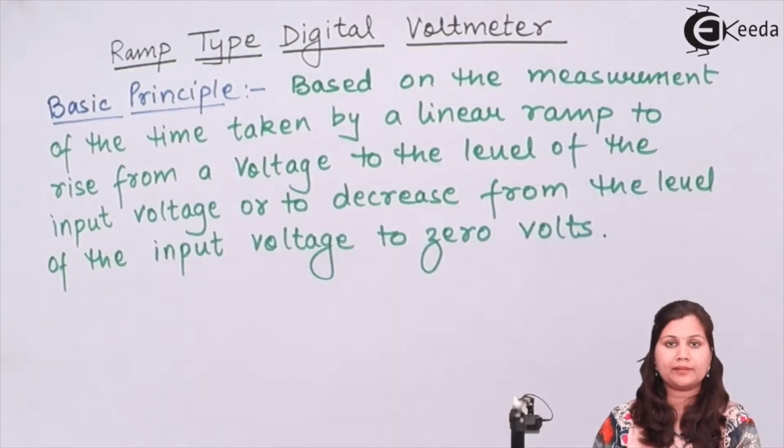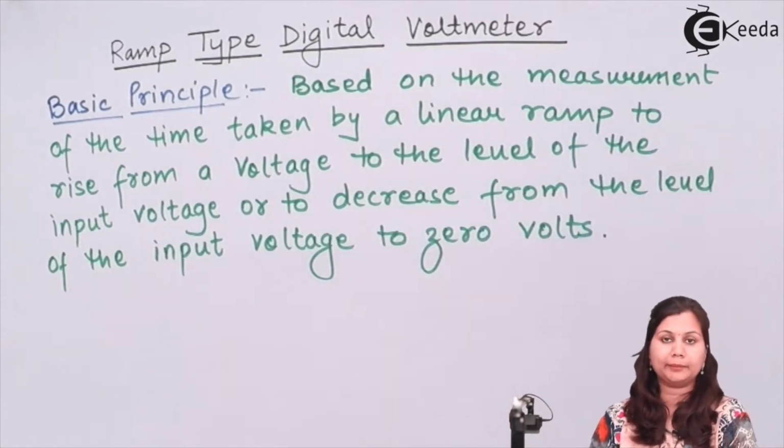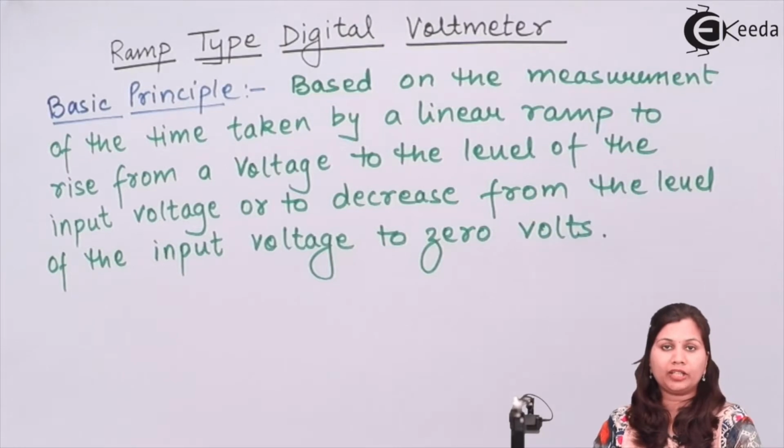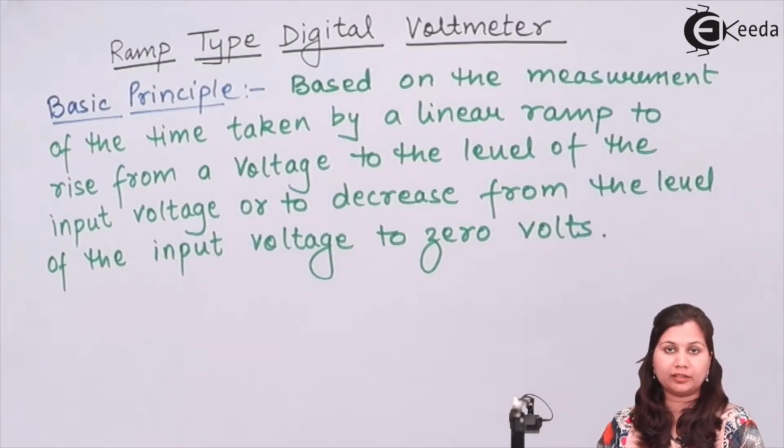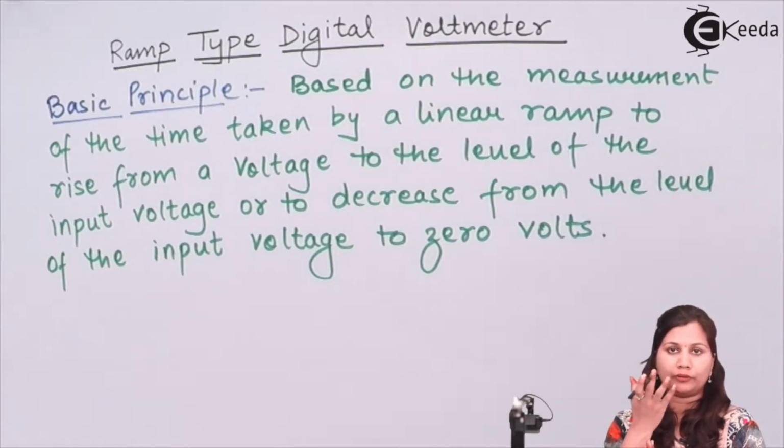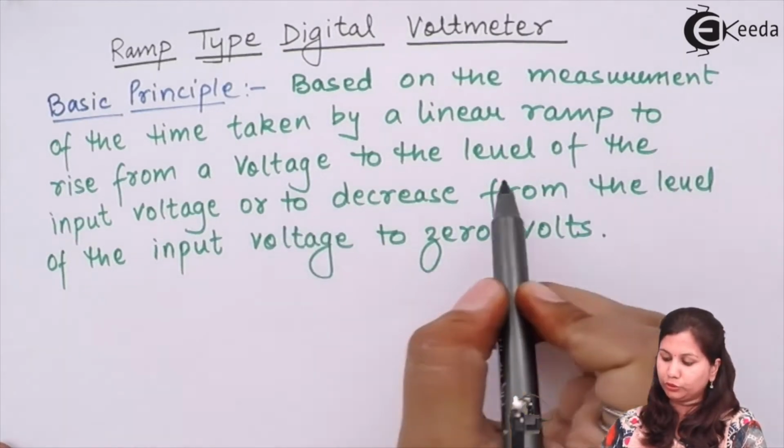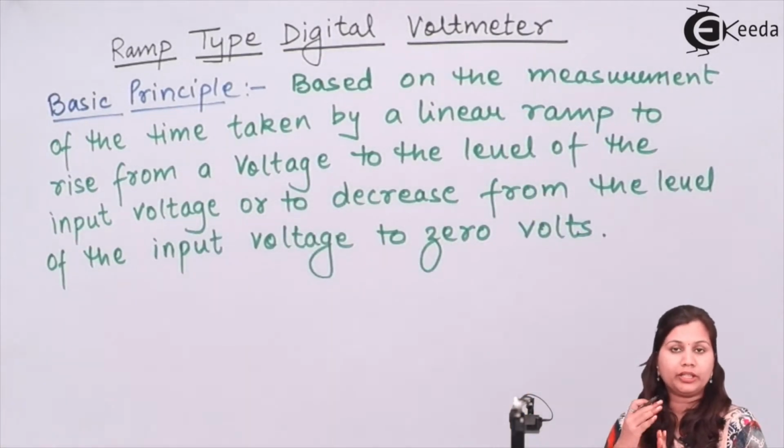So the basic principle of working of this ramp type DVM is that here we are using a linear ramp signal. So the time taken by the linear ramp signal to fall from a voltage to the value equal to the input voltage, or to decrease from the level of the input voltage to the 0 volts.